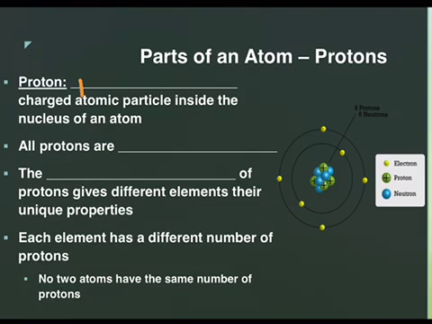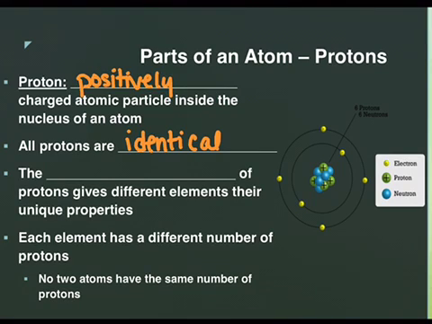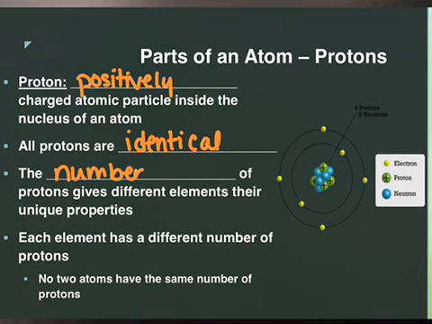Protons are positively charged, and they are located inside the nucleus. All protons are identical. The number of protons gives different elements their unique properties. So each element has a different number of protons.